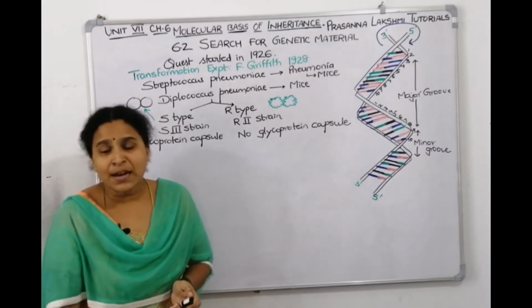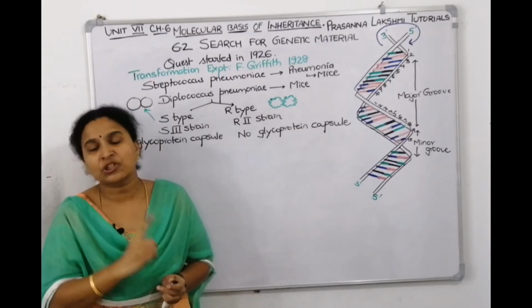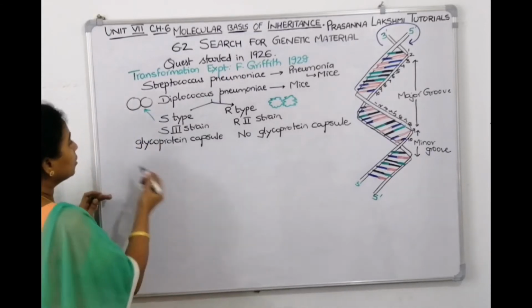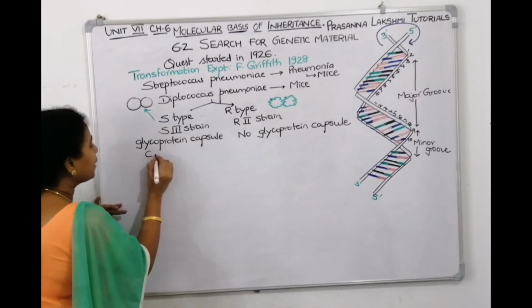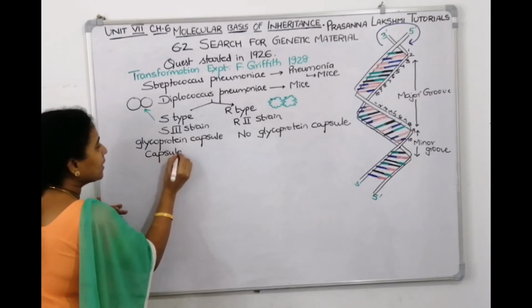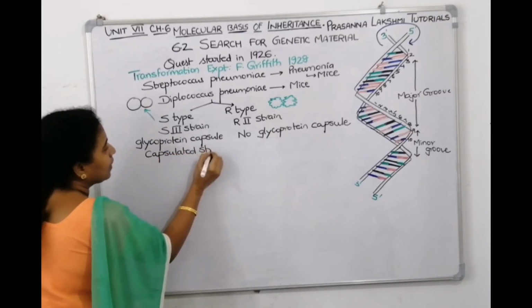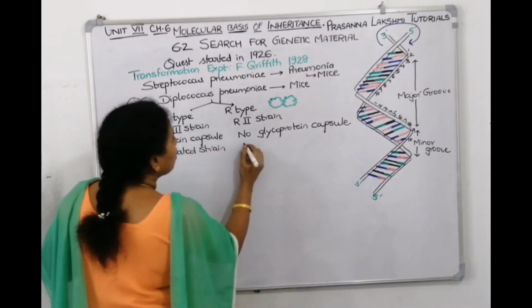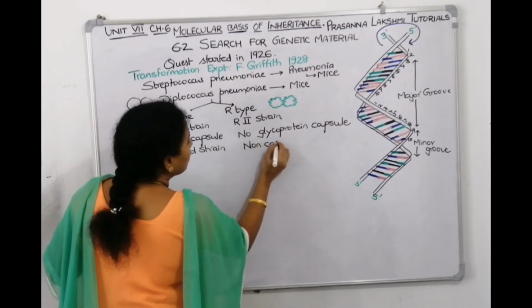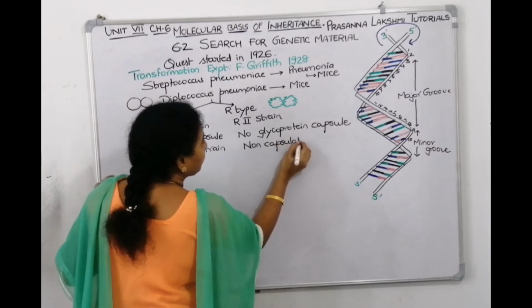Now, the capsulated strains are virulent, pathogenic, disease causing. Since it has a capsule, we can also call it a capsulated strain. Since R does not have a capsule, we call it a non-capsulated strain.